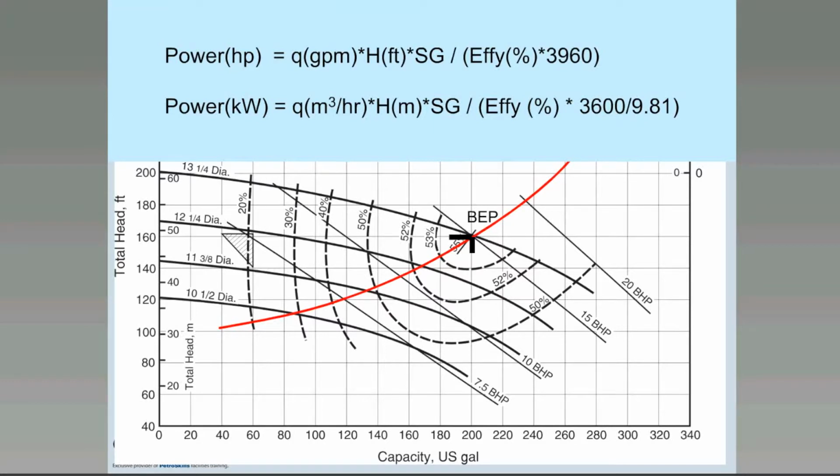If we were to plug into these equations values of 1 for specific gravity, and then utilize the actual efficiencies that you're getting off the curve here, so at the best efficiency point of 55, plug that into that chart, we should be getting the 15 horsepower. So you can use these equations instead of using these lines. I guess that's the key learning here.